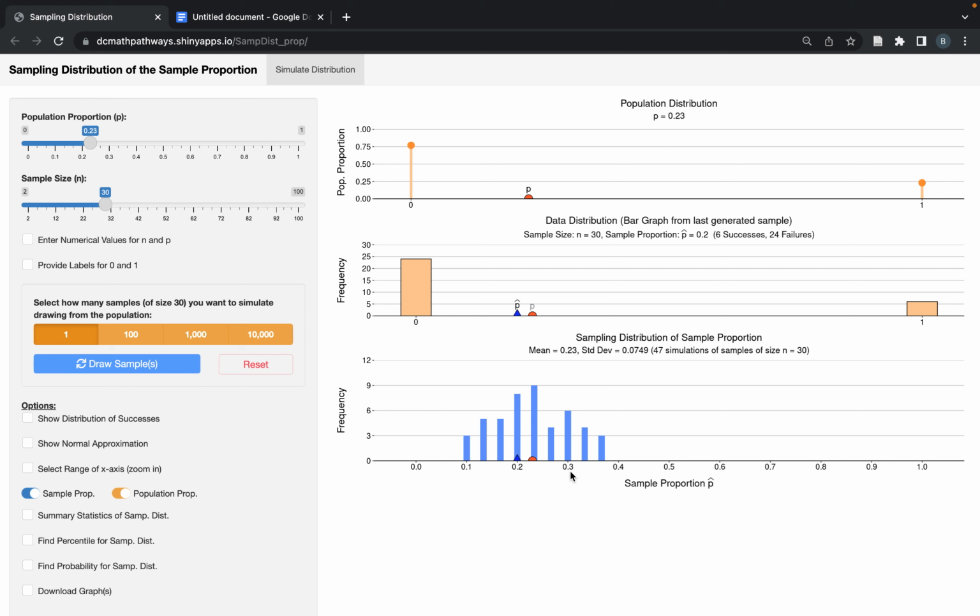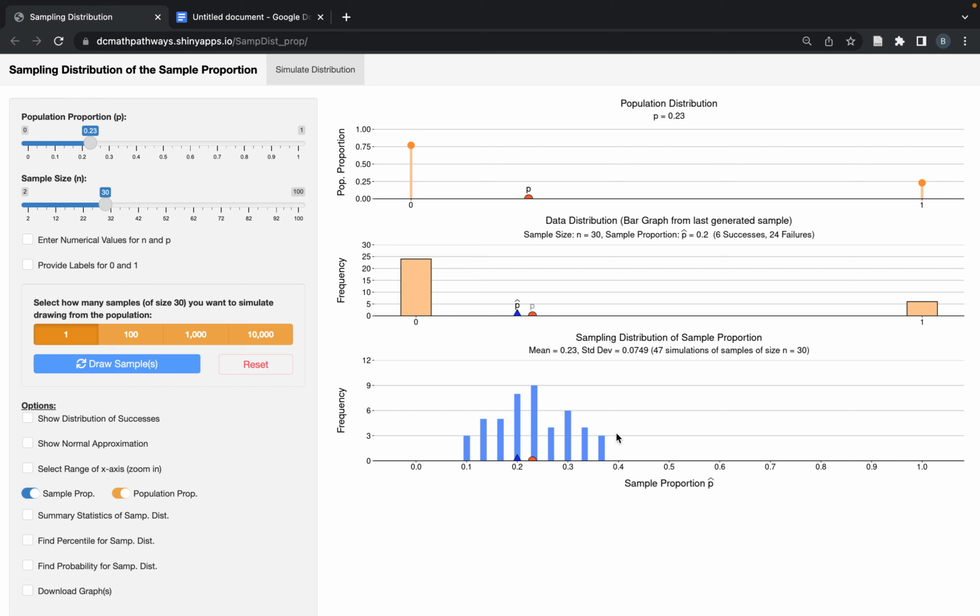So you can see that the mean, if we take the average of all of these sample proportions, so we take the 0.1 plus the 0.1 plus the 0.13 plus the 0.13 and so on, add them all together, and divide by however many there are to get the average of all those sample proportions, we end up with an average of 0.23.